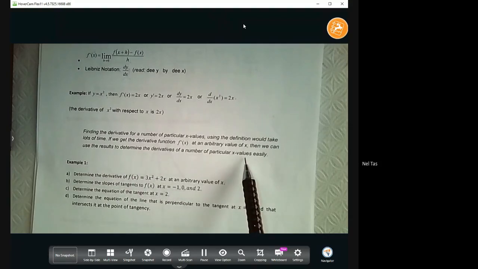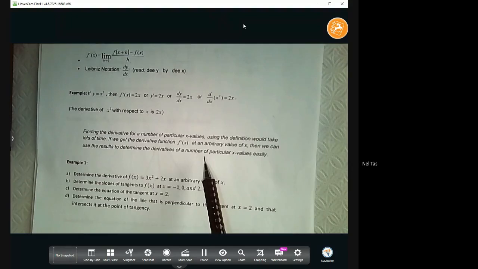So you do it once for an arbitrary value. Then, when you have the derivative function, you can substitute any x value into it to find the slope of any tangent or the instantaneous rate of change at that x value.